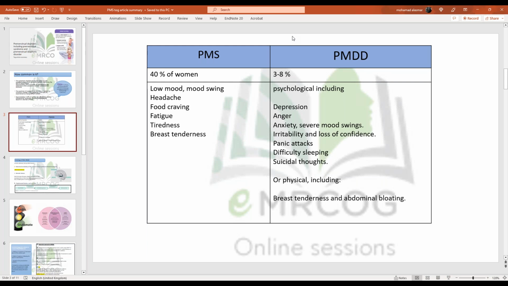But PMDD is more psychological, like depression, anger, anxiety, severe mood swings, irritability, loss of confidence, sometimes panic attacks, difficulty sleeping, and suicidal thoughts, plus physical symptoms, which can include breast tenderness or abdominal bloating.